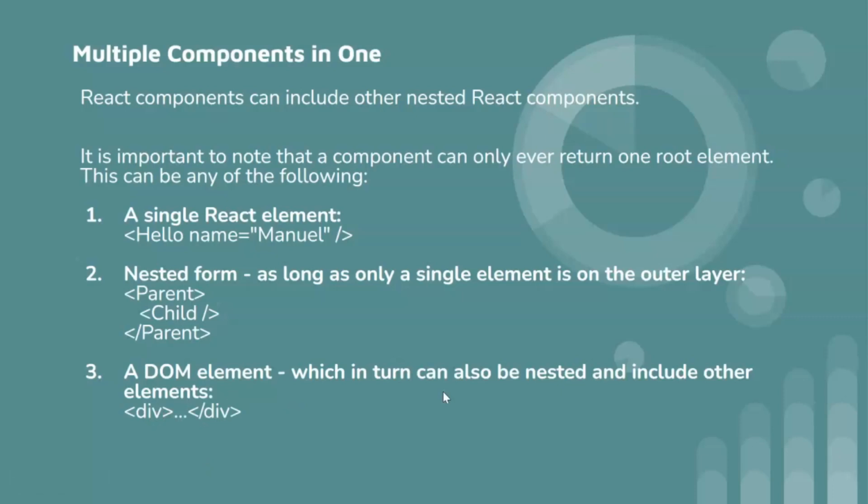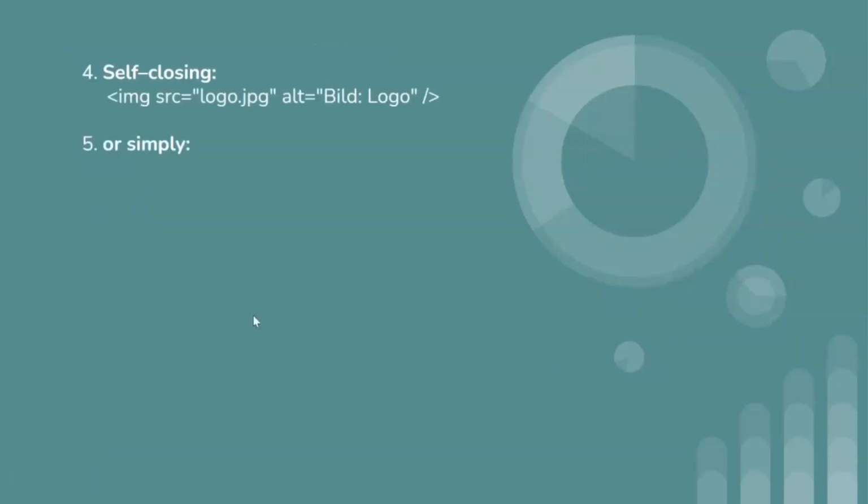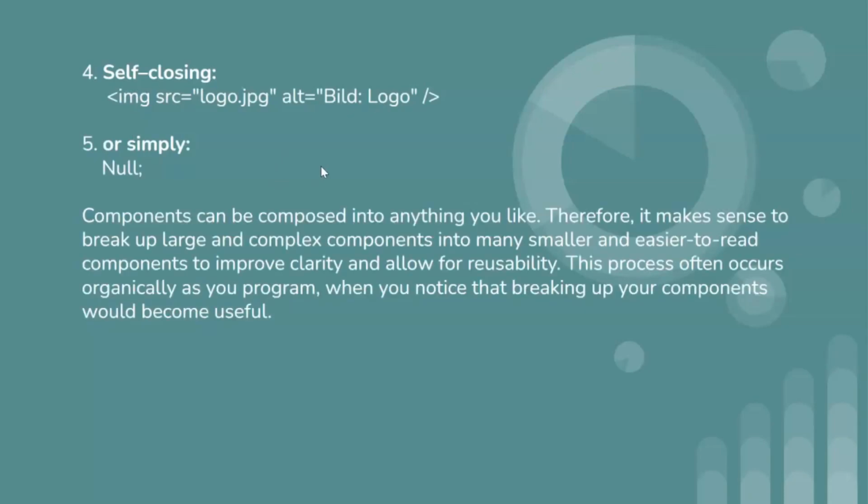So, a self-closing element or null. Components can be exposed into anything you like. Therefore, it makes sense to break up large and complex components into smaller and easier to read ones.